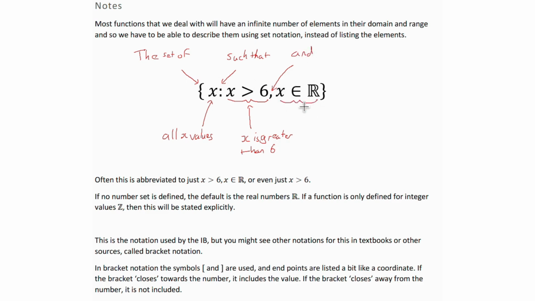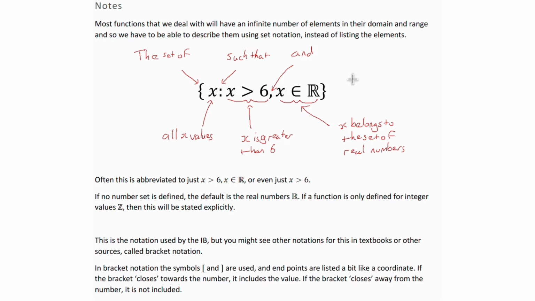And then we have the second part of this, which is x belongs to the set of real numbers, or in shorthand, x is a real number. So this statement in total reads: the set of all x values such that x is greater than 6 and x belongs to the set of real numbers.